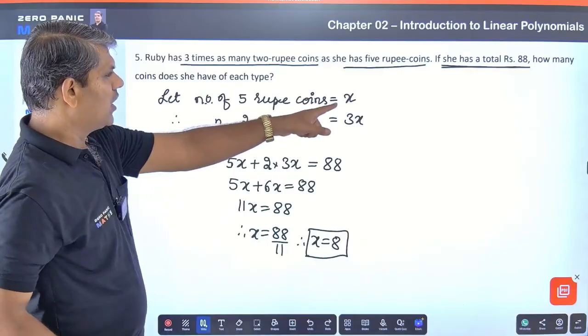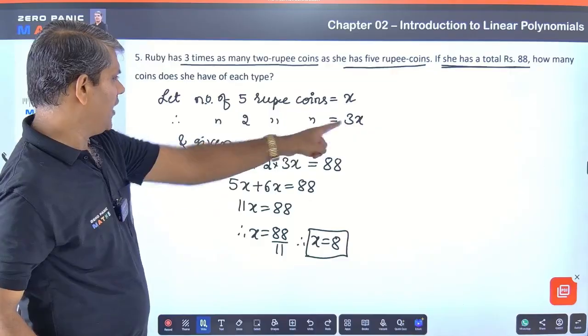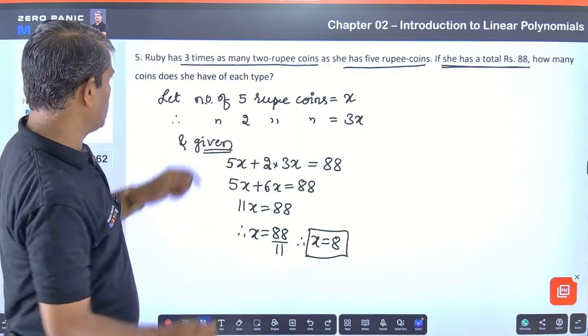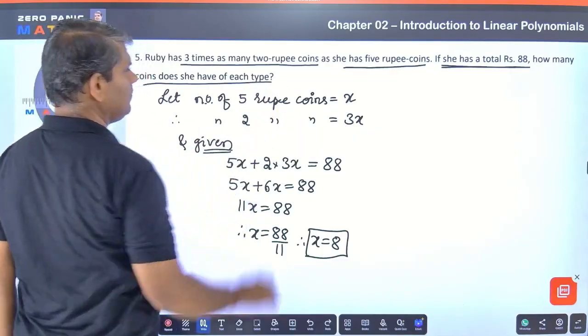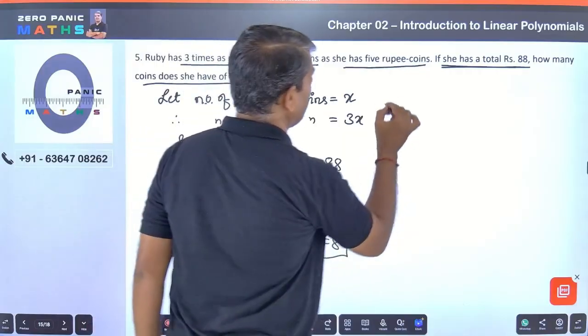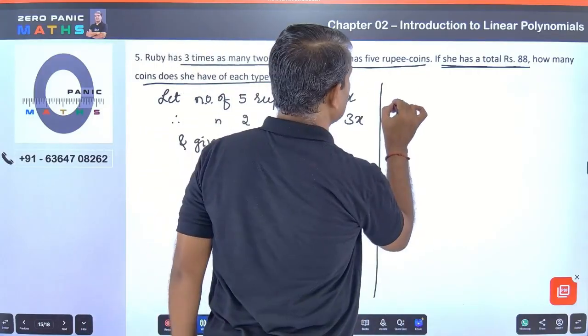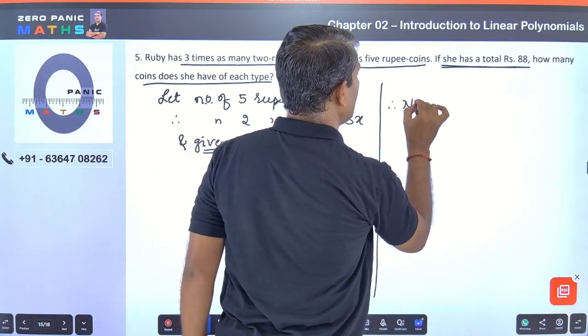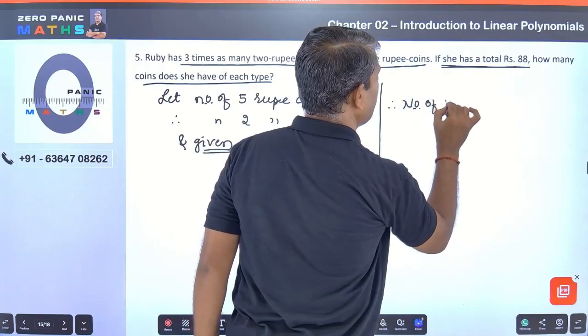Okay, so finding x will allow us to find the 2 rupee coins also, and that is what we wanted, each type of coins. So x is 8.